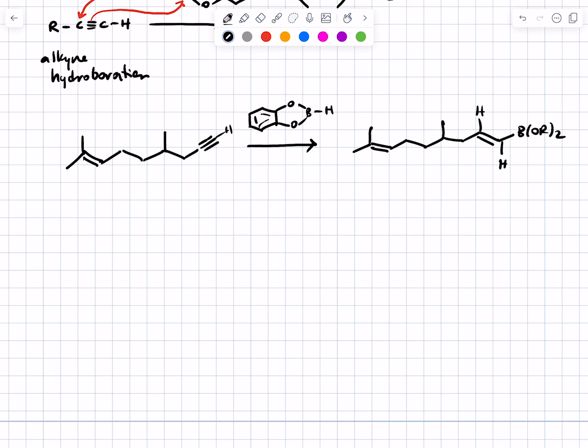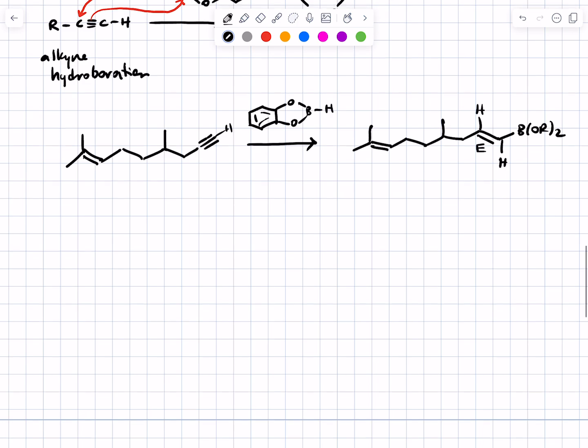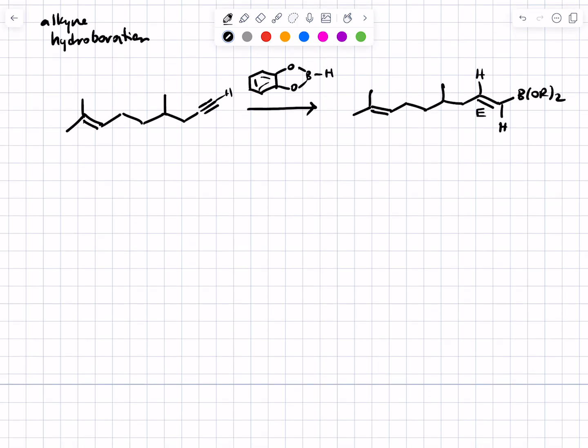And notice that the stereochemistry here is E, that is, the two high priority groups on either side of that alkene are trans to each other. And that stereochemistry is going to be preserved in the product.